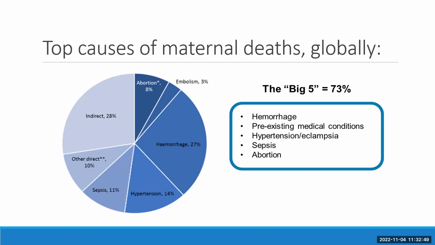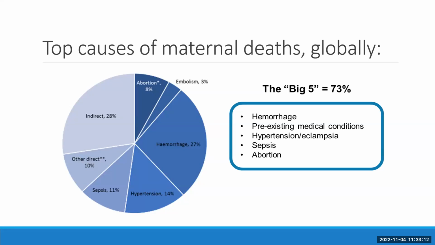The other thing I think you should know is how we can reduce deaths due to abortion. So we know that these deaths due to abortion are probably entirely due to unsafe, illegal abortion, right?